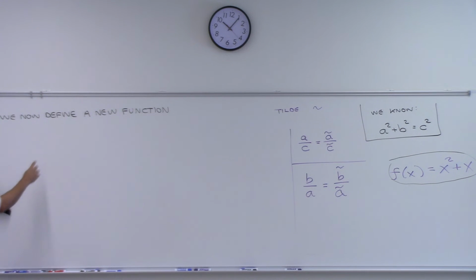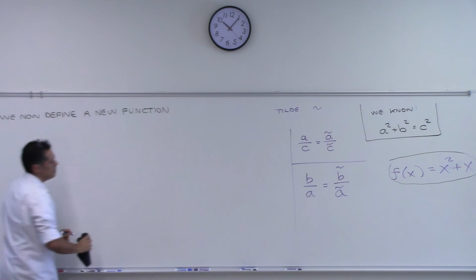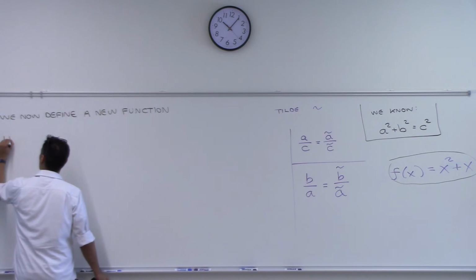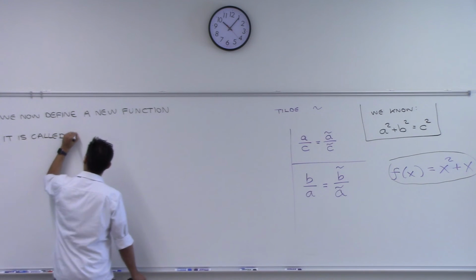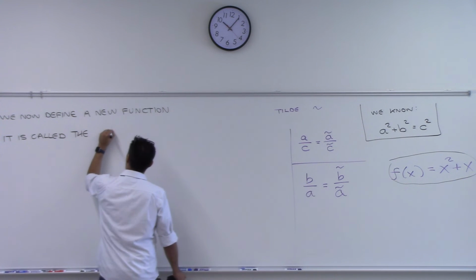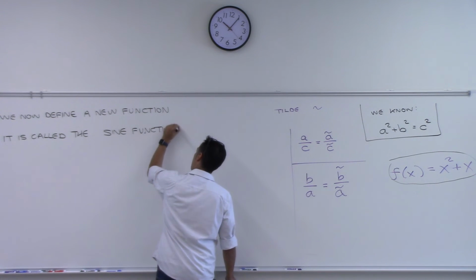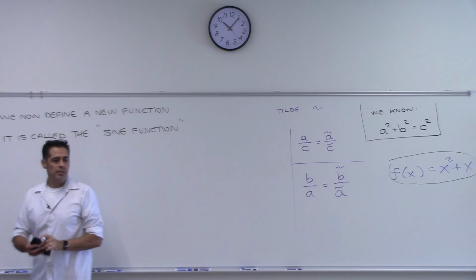Sorry, my eyes, they bleed into my ends and it looks like W's. That's what that's supposed to be. We now define a new function. It is called the sine function. And here's how we define it.